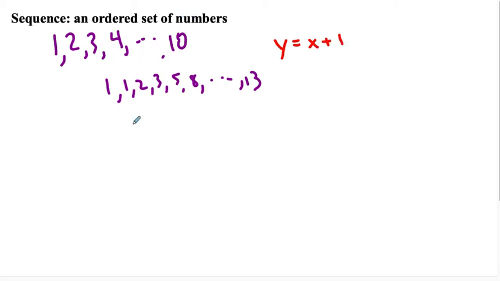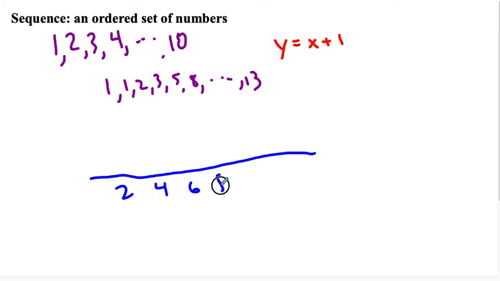Now one thing to keep track of is a sequence is not a set of coordinates. However, they're often referred to using that same kind of idea. Meaning, if you're looking at a particular sequence, and let's say we're looking at the sequence that is 2, 4, 6, 8, and so on.